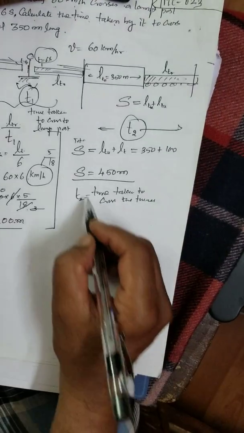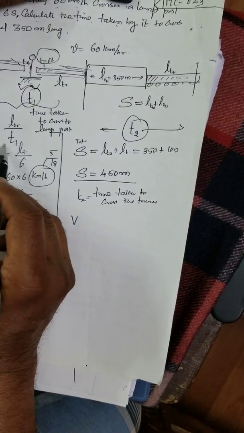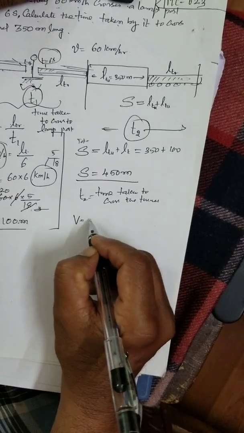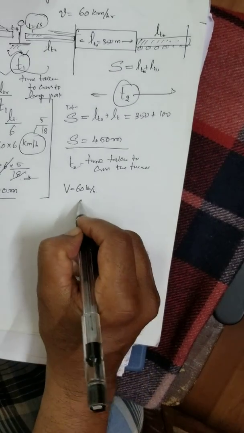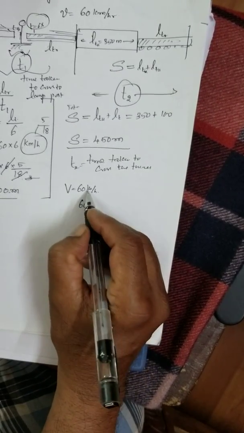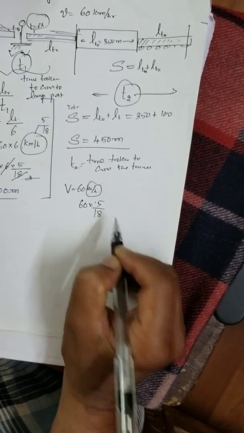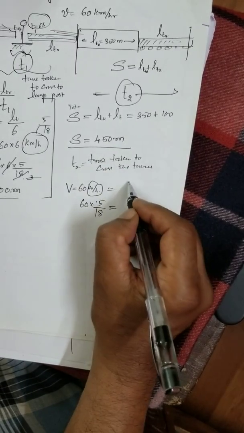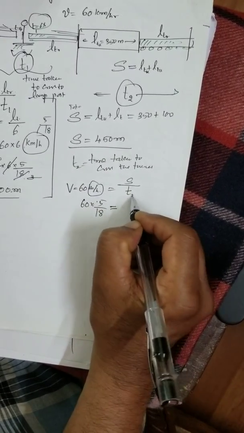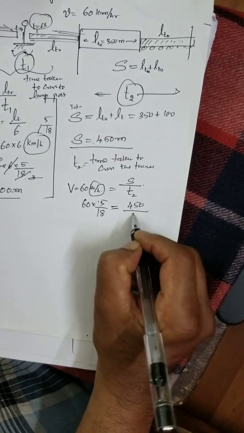Velocity remains the same, speed remains the same. Speed is 60 km per hour. The conversion factor is 5 by 18, equal to distance by time. Total distance is 450 by time T2.